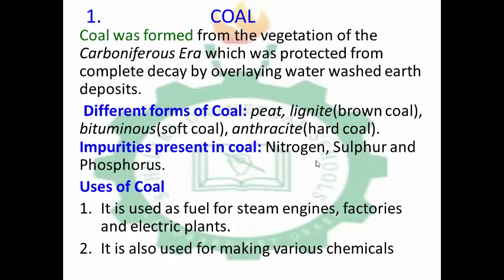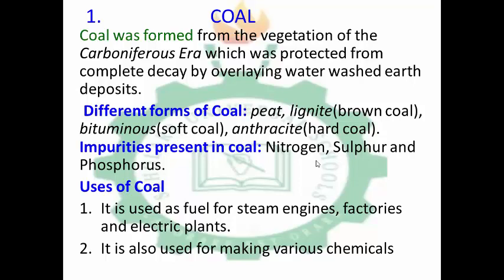Let's now talk about coal. It is believed that coal was formed from the vegetation of what we call the Carboniferous era, the era in which the vegetation was protected from complete decay by some overlaying water that washed the earth.